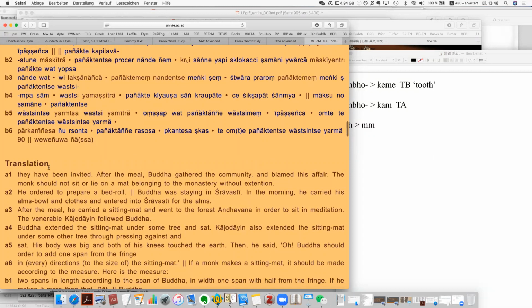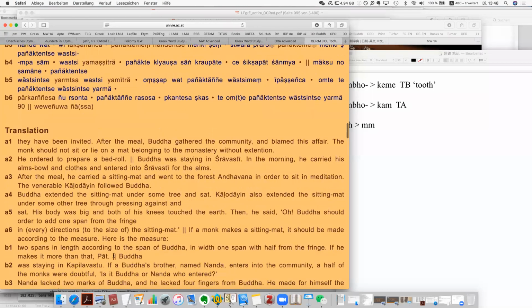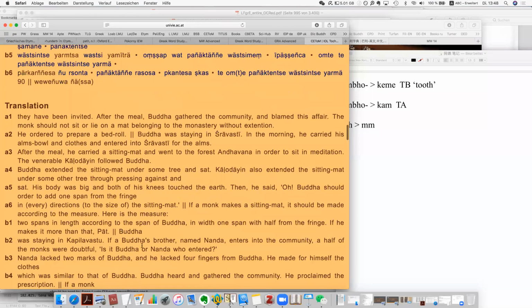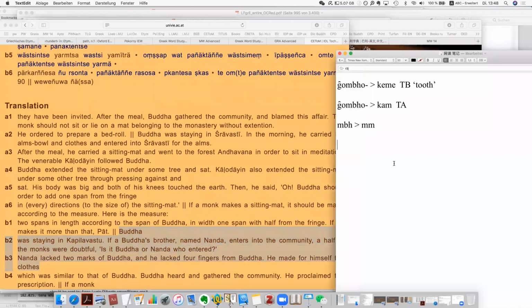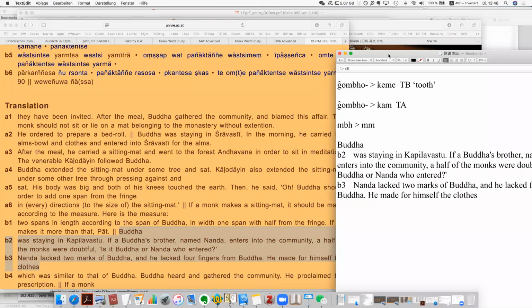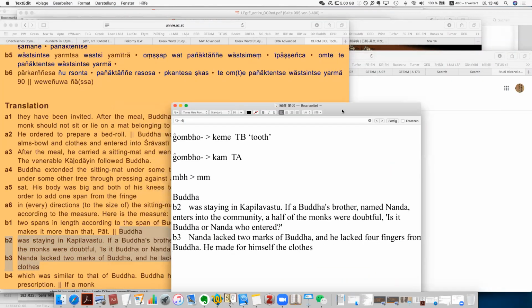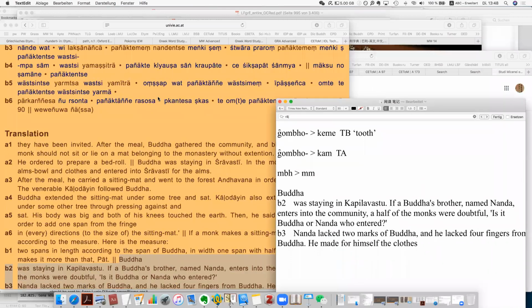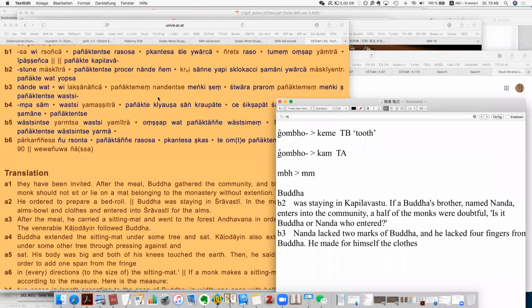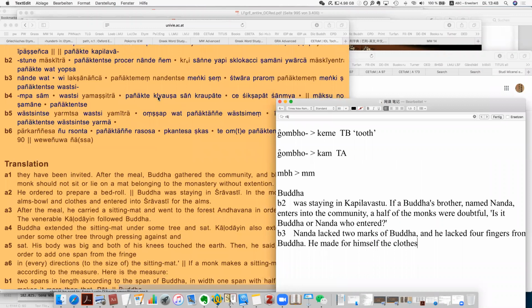So this is line B1. So line B1, first you get a basic idea of these lines. So I copy the translation here so that you can see. So we start from here. Panyakte kapira vastune, right?